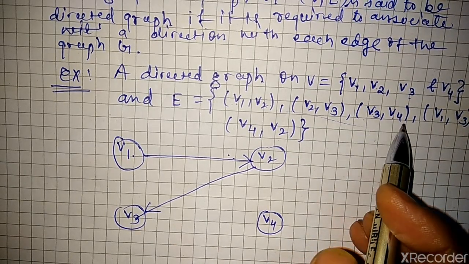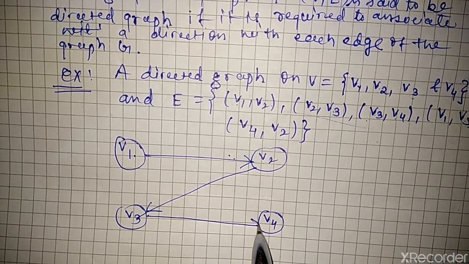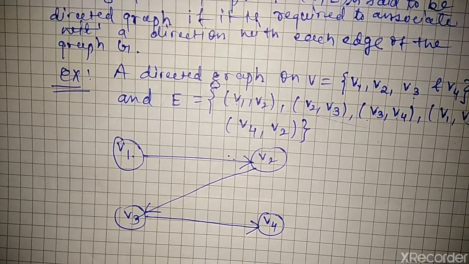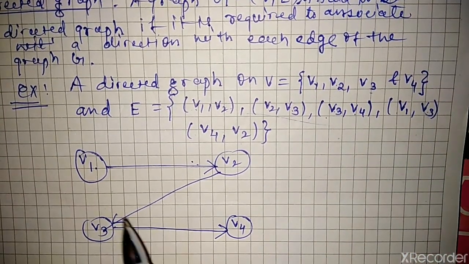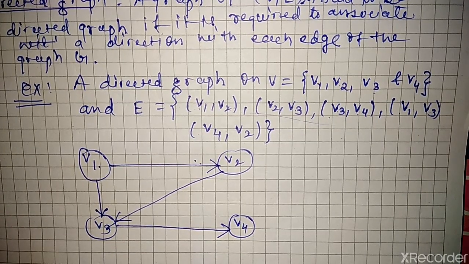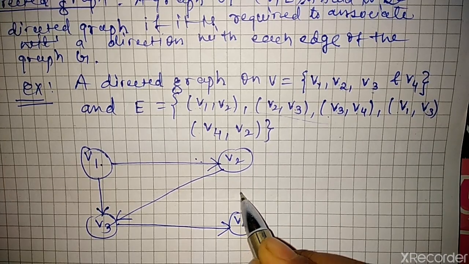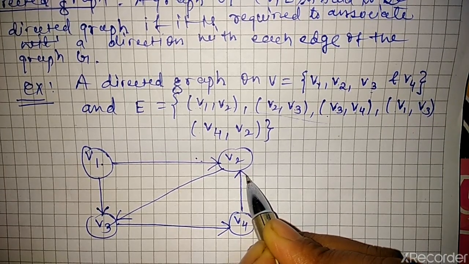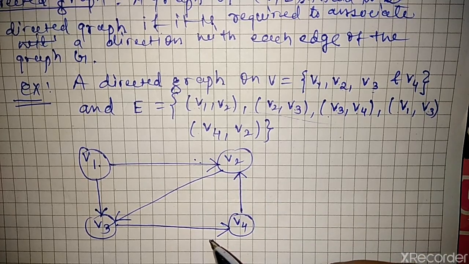Again V3 to V4, with direction towards V4. Next is V1 to V3, in this way. And lastly V4 to V2. Such a graph is known as a directed graph.